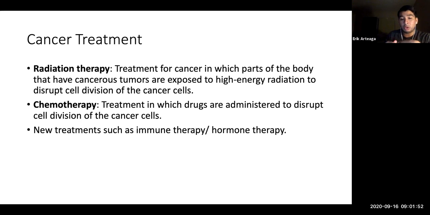But these drugs will also affect the cells in your body that naturally divide rapidly, such as your epithelial tissue, your mucous membranes, your hair follicles, the tissue that grows your hair, right?